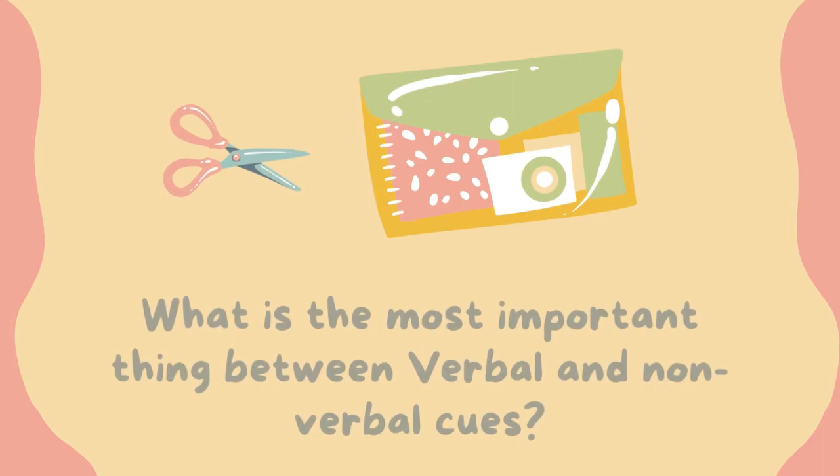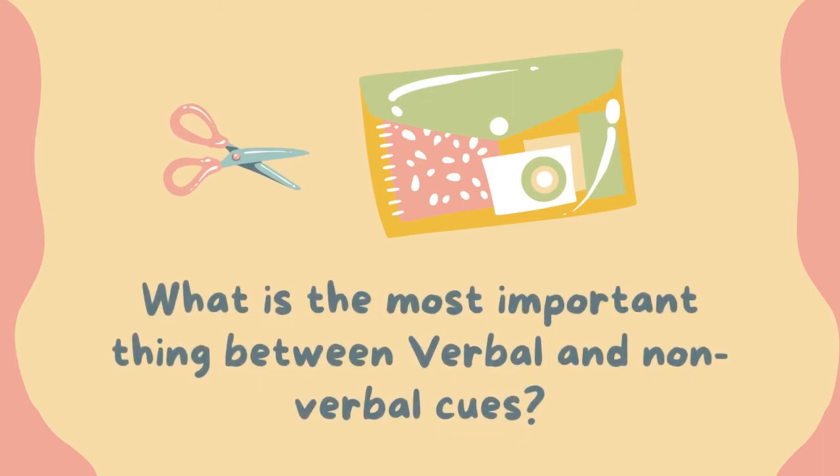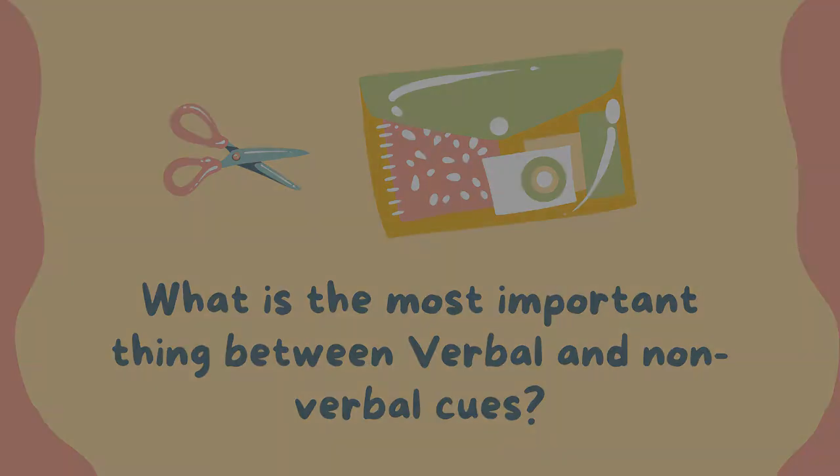Now, let's assess your learnings about the discussion. The first question is, what is the most important thing between verbal and nonverbal cues in conversation? Do you have any idea about that? Can you share your ideas to us?